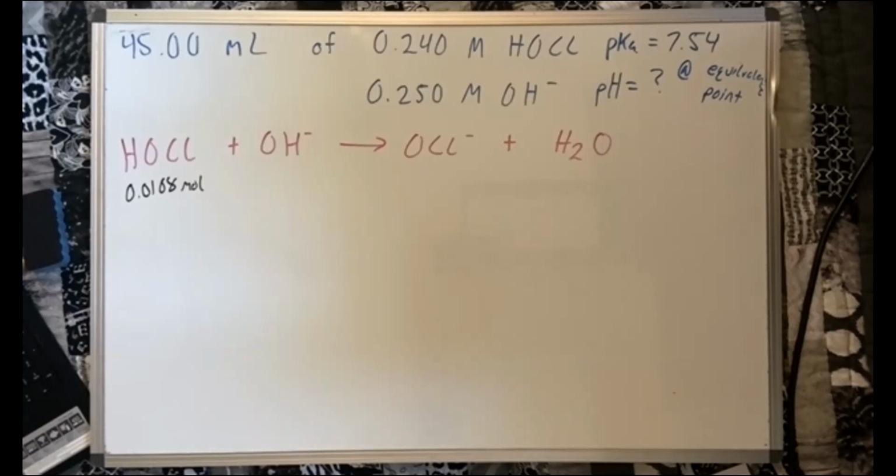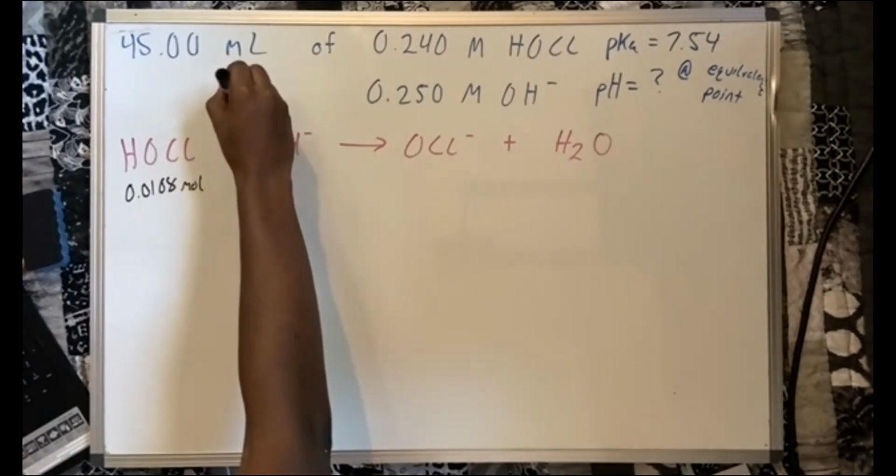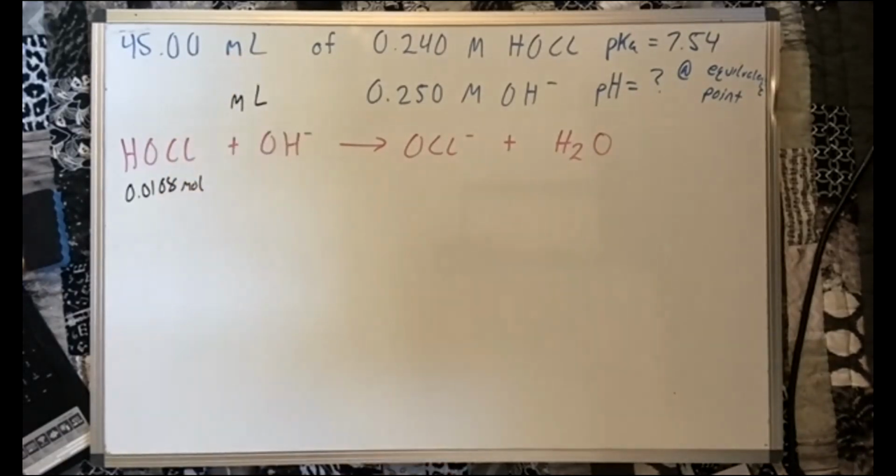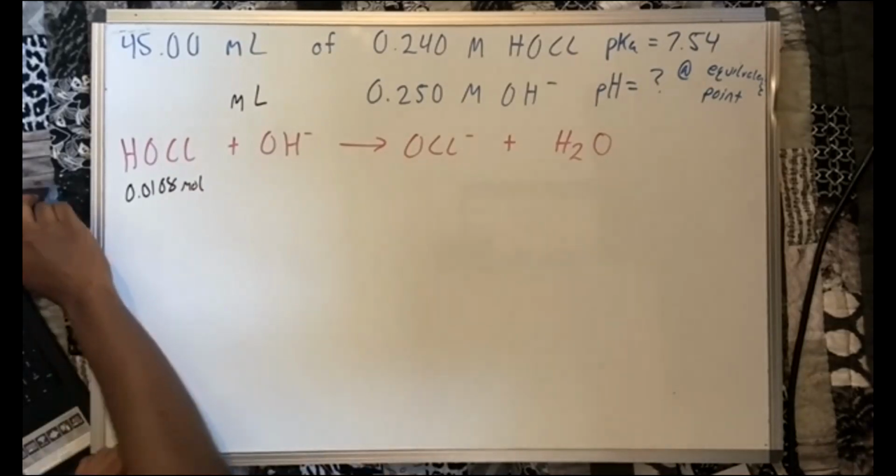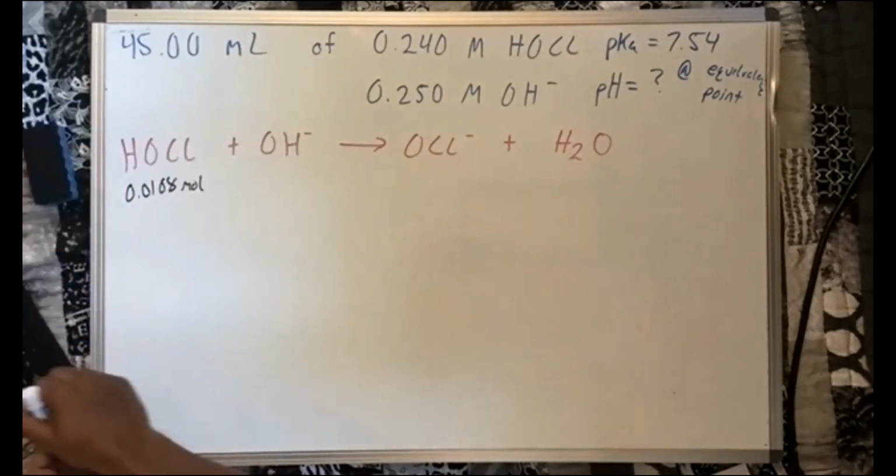So how do I know my moles of OH minus? I have to find the equivalence volume. How do I get the equivalence volume? You set it equal to the moles you got of HOCl.